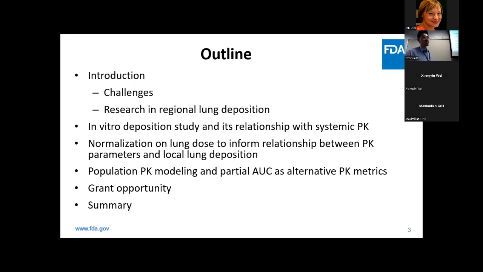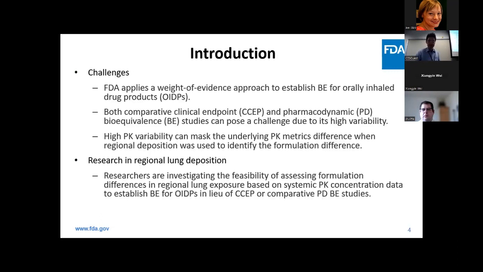And then I look at another example on the normalization of drug dose to inform the relationship with the PK, and then look at the population PK and the partial AUC as alternative PK metric for the discussion that we had yesterday. We're looking at the partial AUC, and then I'll show you one of the grant opportunities, how the grant provides opportunity to do further research, and provide a summary.